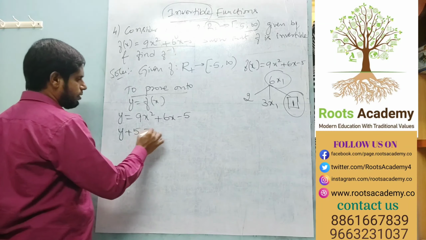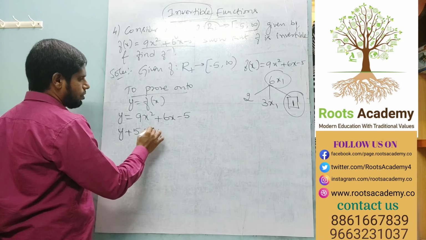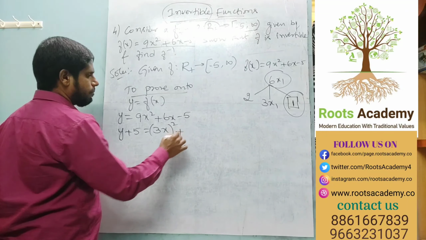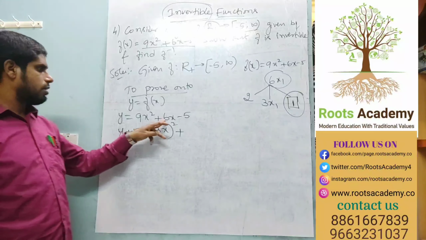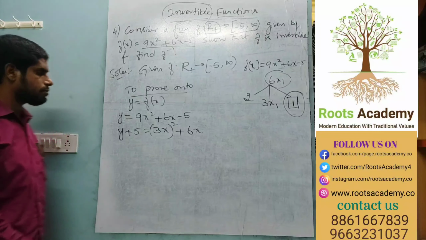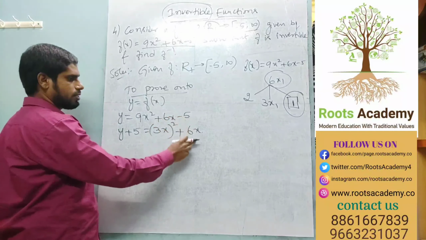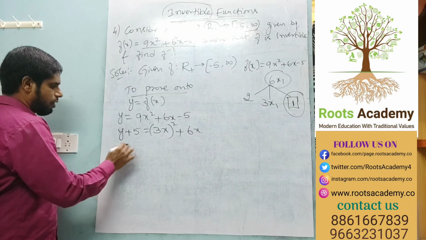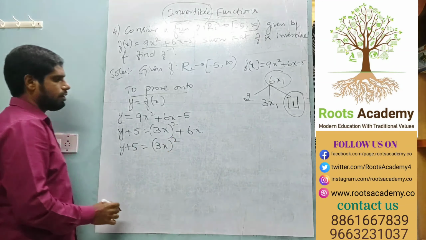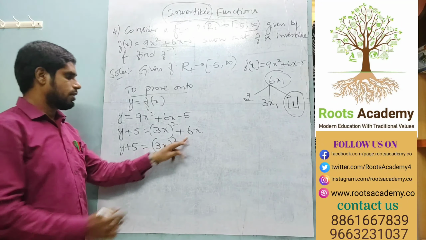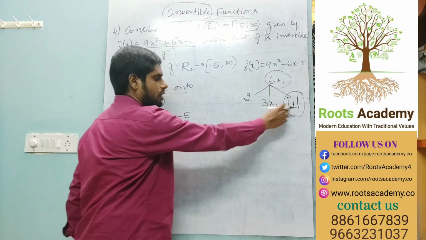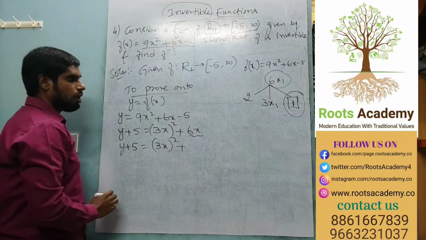Y plus 5 is equal to 9x square, which can be written as 3x whole square, plus, student, this 6x as it is. Just as I split it in the one-one case, the same way I should write here in onto also.